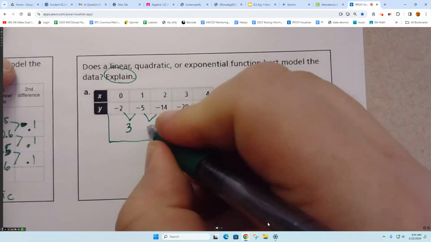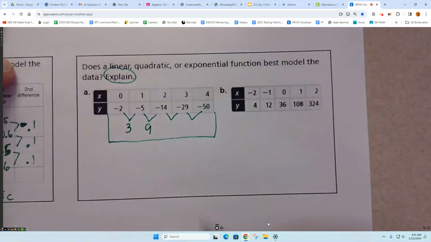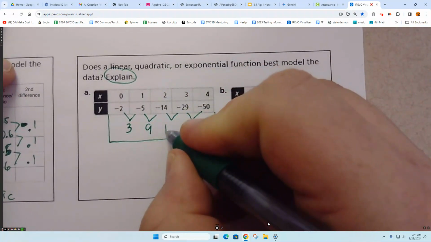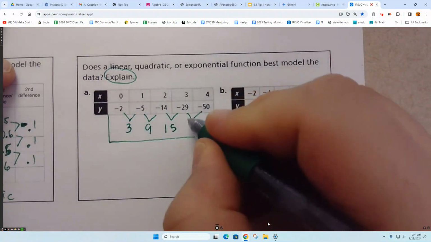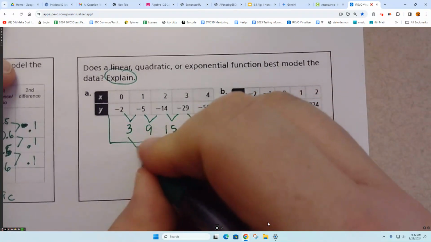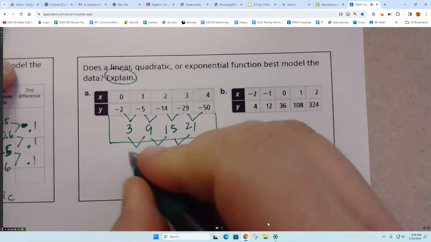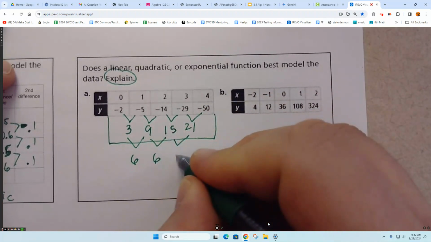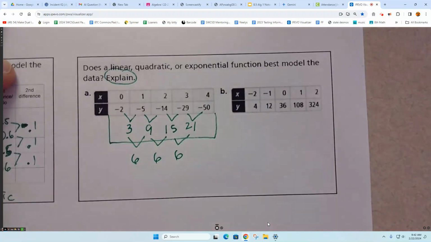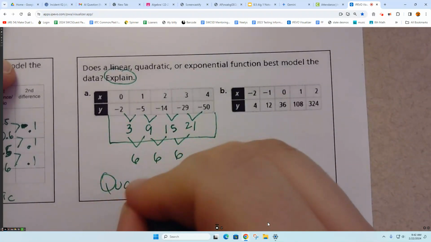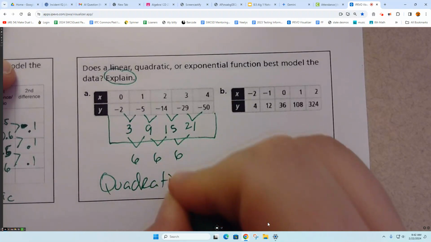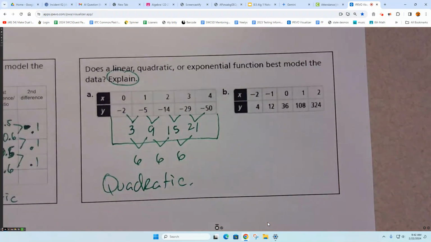And then it goes 9, 15, 21. And then we got to figure out what our second one is. 6, 6, 6. So in mathematics, you don't have to explain in words, but drawing that on there is our explanation.